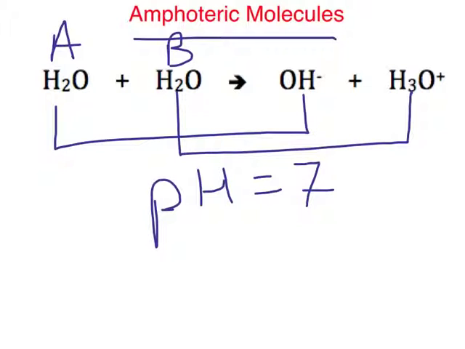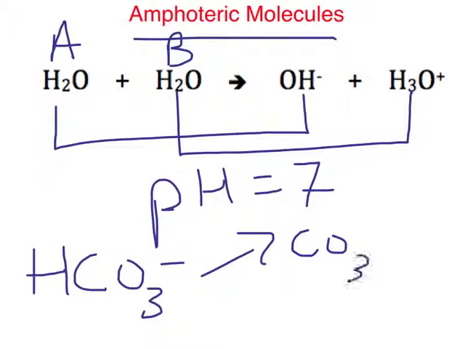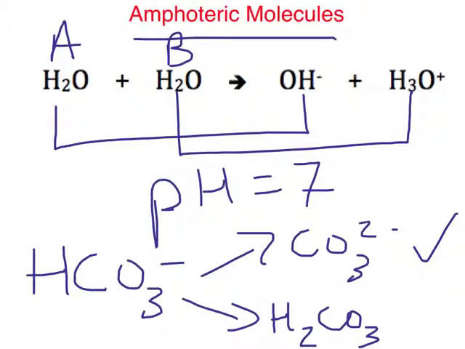Anytime you have a molecule that has the potential to either gain or lose a proton, like this one, it's amphoteric. If it loses a proton, in other words if it acts like an acid, it will become CO3 2-. However, if it acts like a base and gains a proton, it will become H2CO3. Both of those are perfectly acceptable.